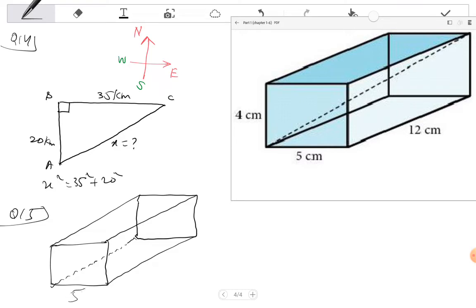This is 5 centimeter, this is 4 centimeter, this is 12 centimeter. These are the dimensions of the block.